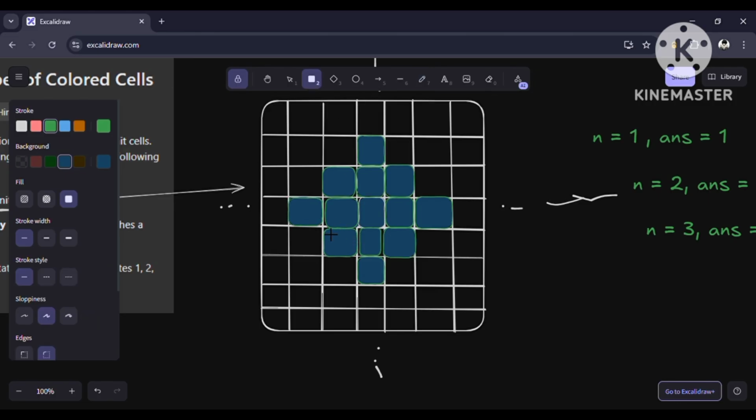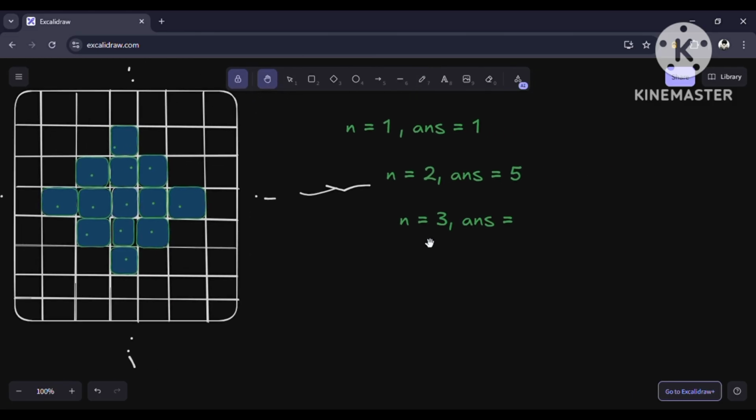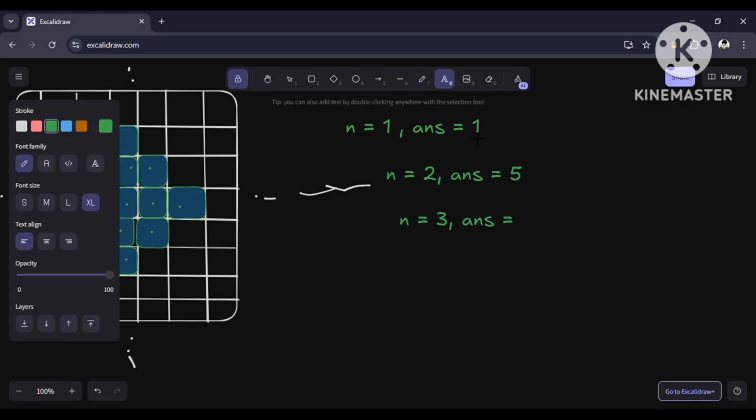This one is colored. Okay, let's count how many cells are there. 1, 2, 3, 4, 5, 6, 7, 8, 9, 10, 11, 12, 13. Okay, so 13 cells are there. So for n equal to 3, my answer will be 13, right?